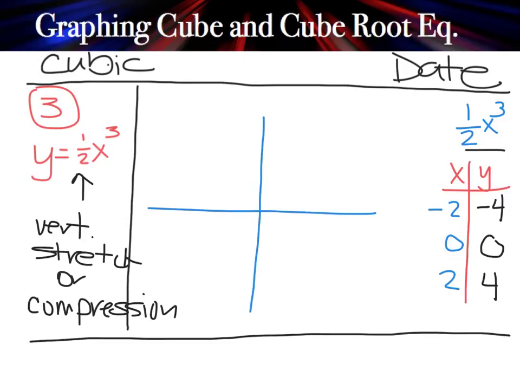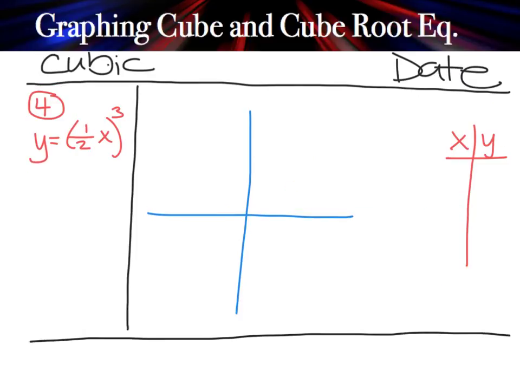There's no translation on this, so we're just going to do 0, 0. Then 2, +4 here, -2, -4 here, and then draw the graph. Alright, so let's go on and do one where we have a horizontal stretch and compression.